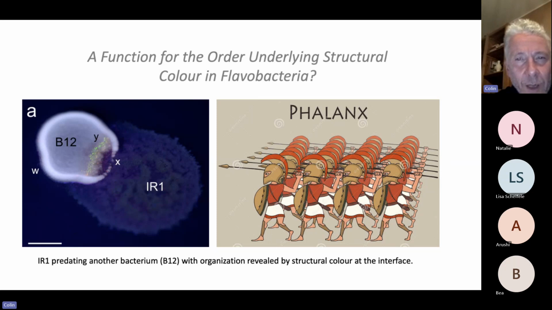We only know part of the story here, but one of the other things that's coming out, and we're going to publish this, I hope, early next year, is that structurally colored bacteria can be extremely common in parts of the ecosystem where there's absolutely no light.